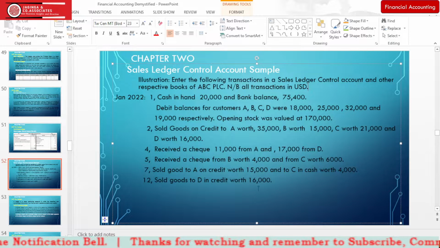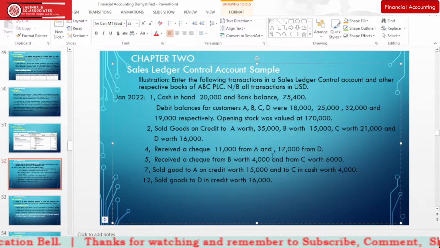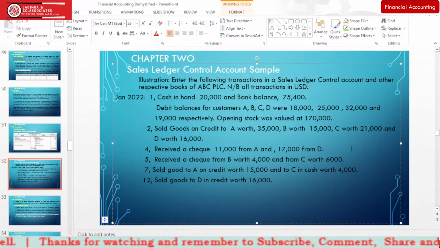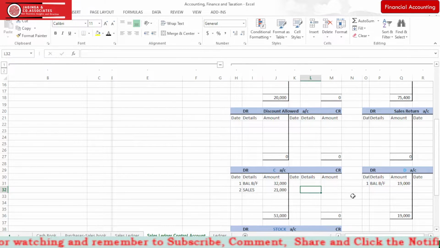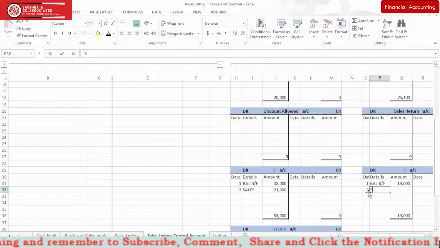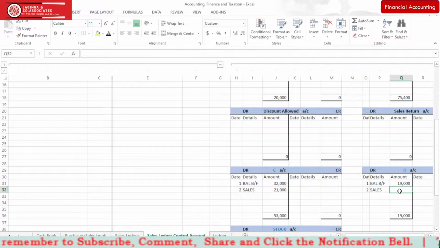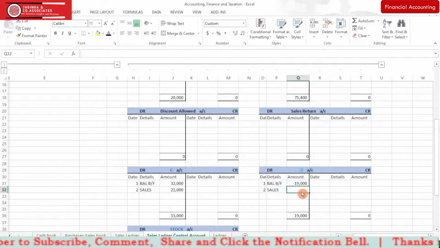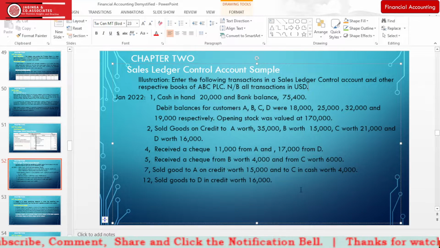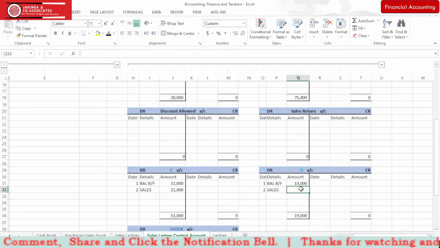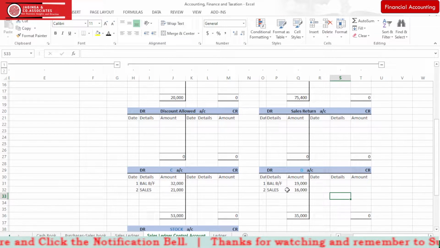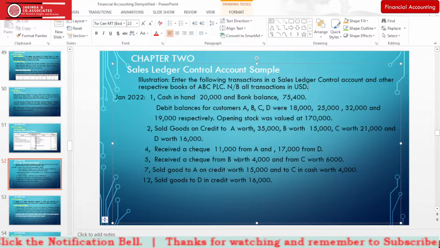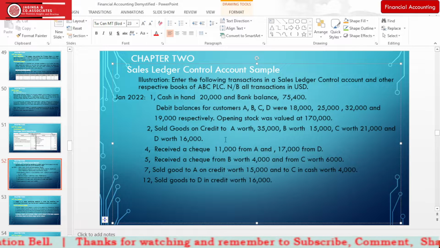So C is 21,000. Then D is 16,000. So we made entries for the second transaction, 2nd January, in both the sales ledger and the individual accounts.